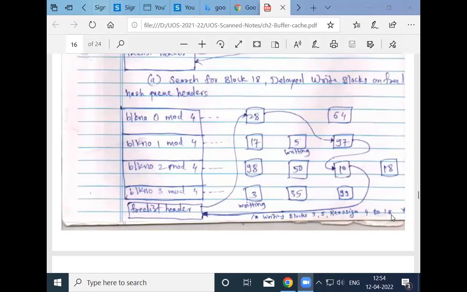Is it over? Yes, students, diagram is over. No, ma'am.